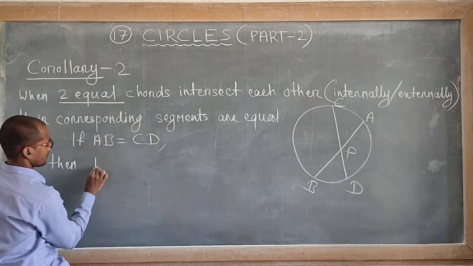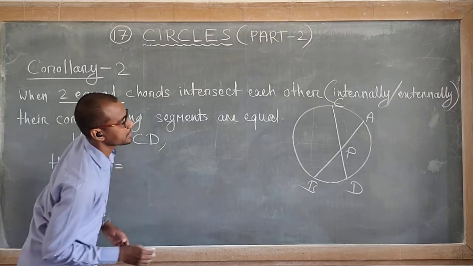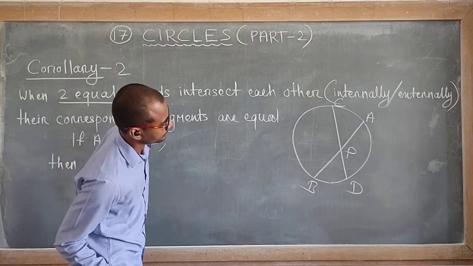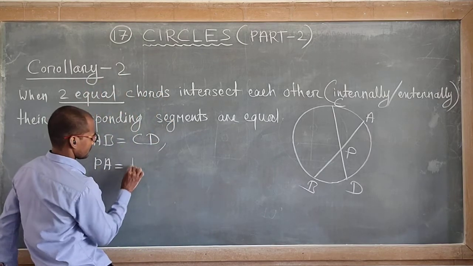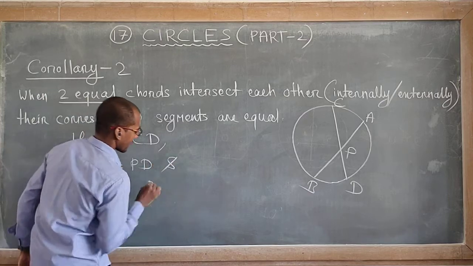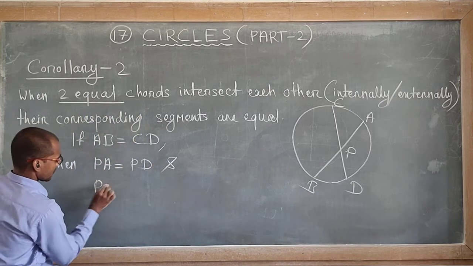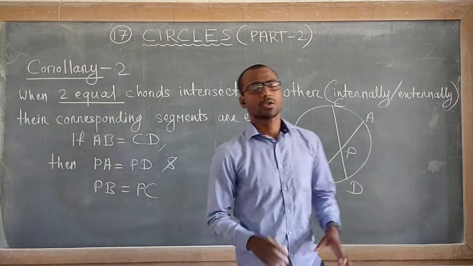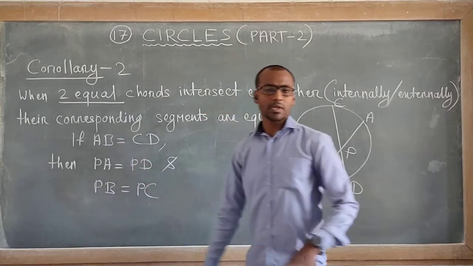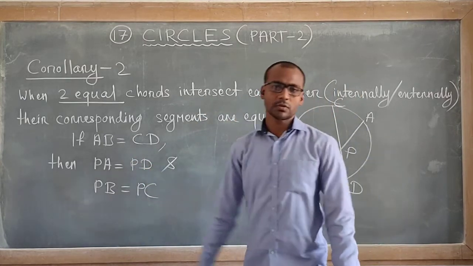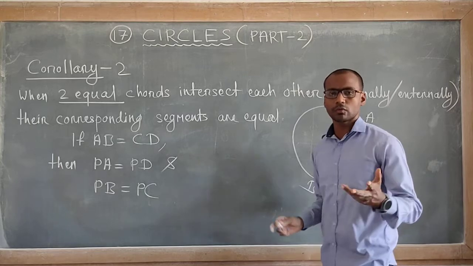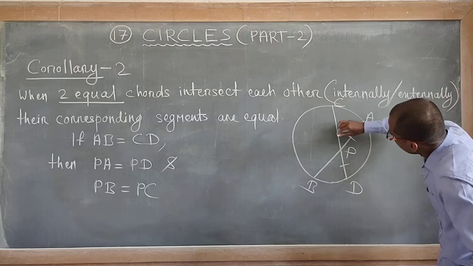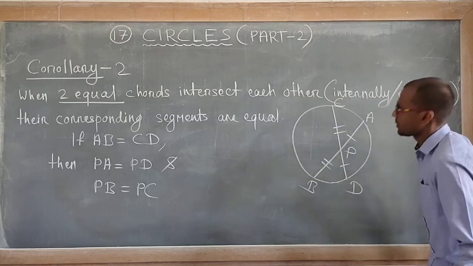That means PA is equal to PD and PB is equal to PC. It is not always necessary that PA will be equal to PD. It can be equal to PC also, depending on the orientation of the two chords.